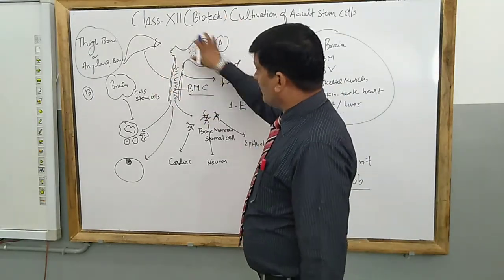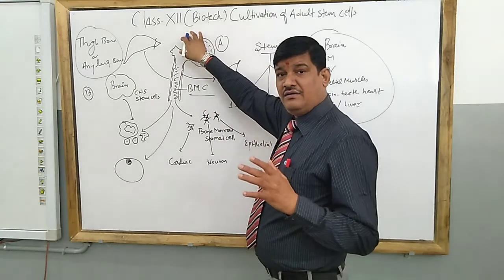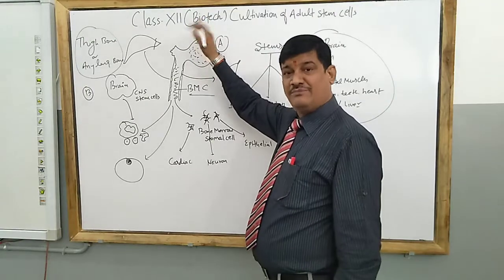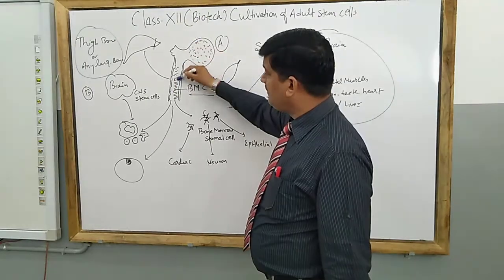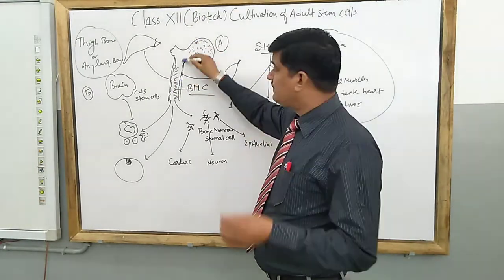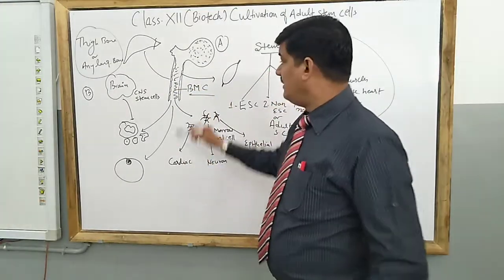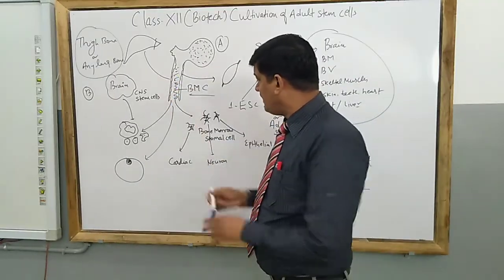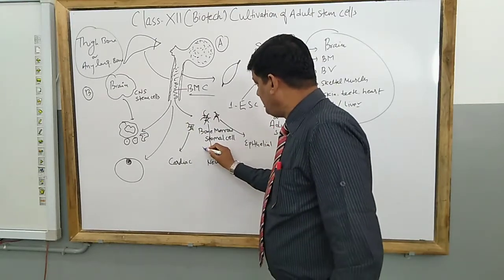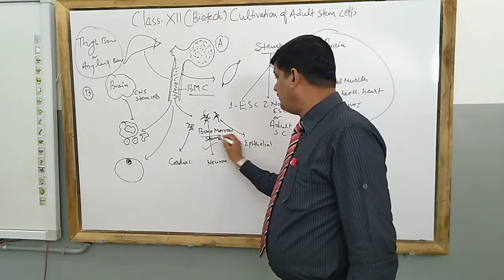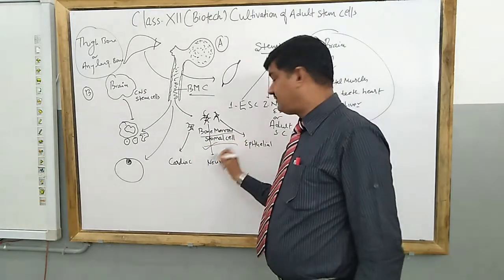So if you want to cultivate or culture stem cells, then first take out some of the tissue from the bone marrow, and that we call the bone marrow cells. Again, these bones have their own structural cells that we call the bone marrow stromal cells.